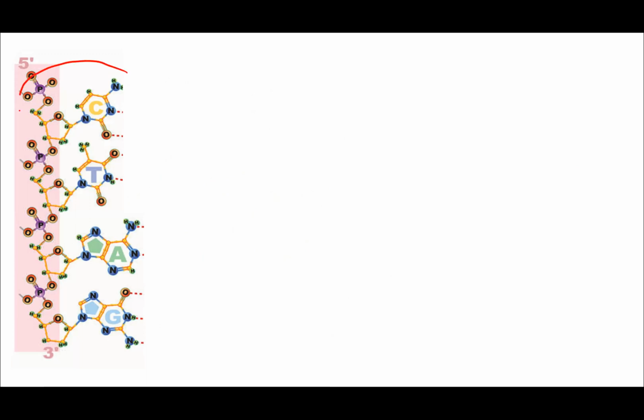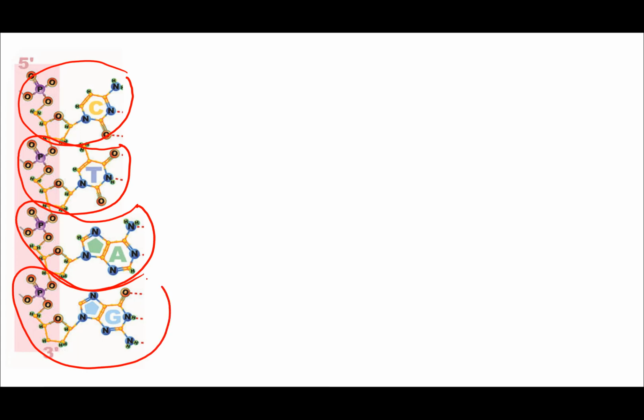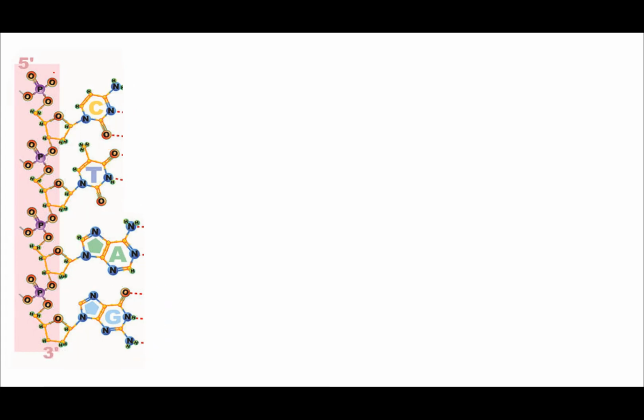You can see that we have one nucleotide that consists of phosphate group, sugar, and the nitrogenous base, and you have another nucleotide, another nucleotide, and another nucleotide. Notice that the phosphodiester bond will connect the phosphate group and the sugar, right? You can form a chain of that backbone. So that's what we call a sugar-phosphate backbone.